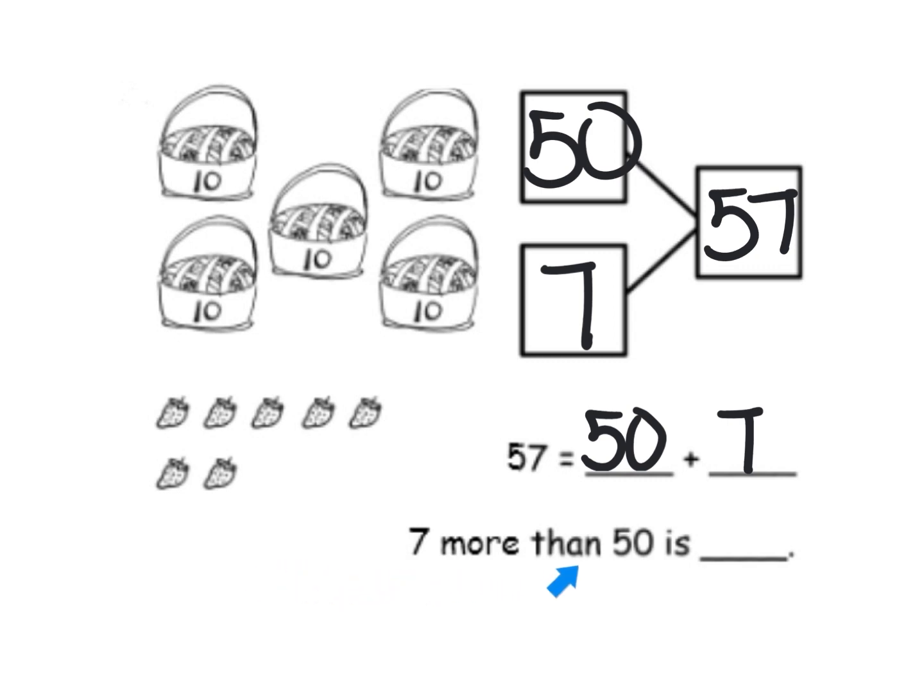Down here is a little bit of a word problem. It says 7 more than 50 is. So if we have 50 and we add 7 more, we end up at our whole of 57.